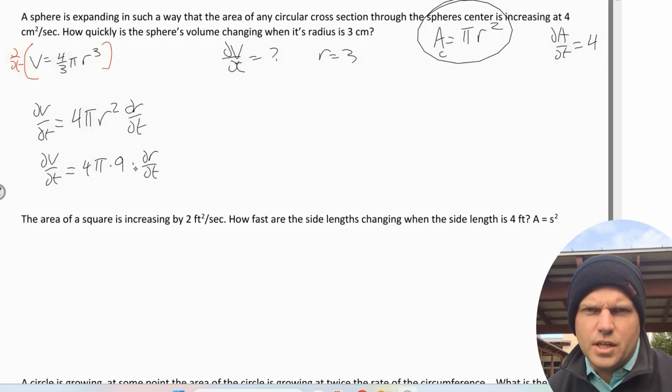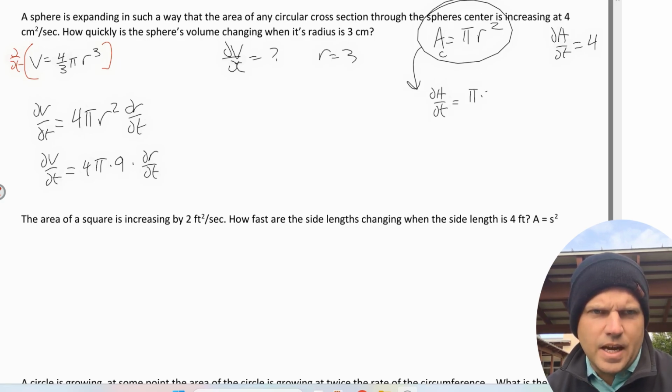What is dr/dt? We're going to have to find it using the change in a circle's area. That's pi times 2r dr/dt.